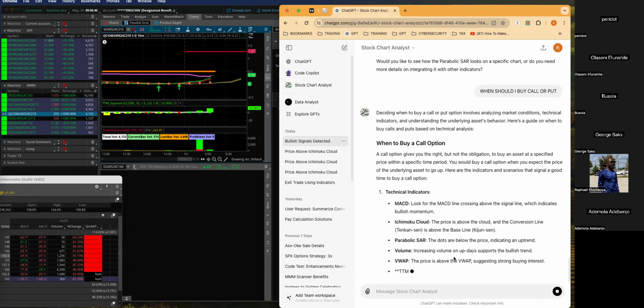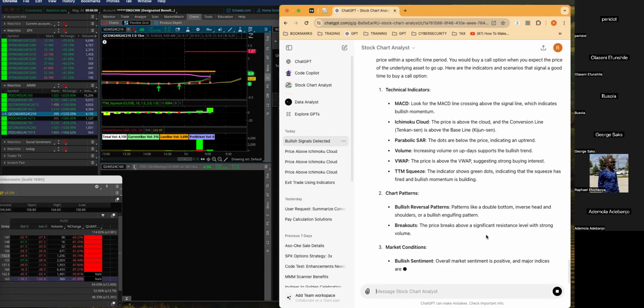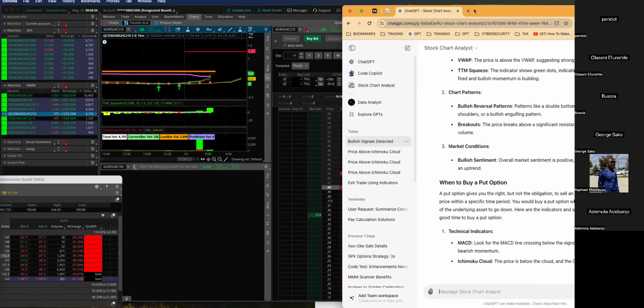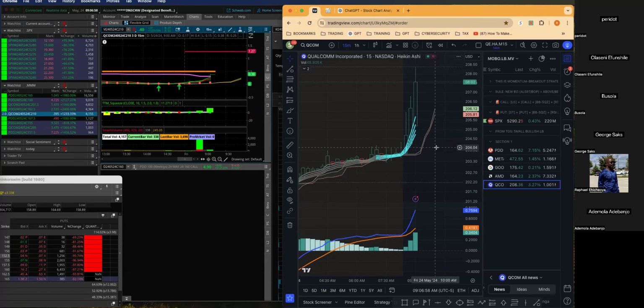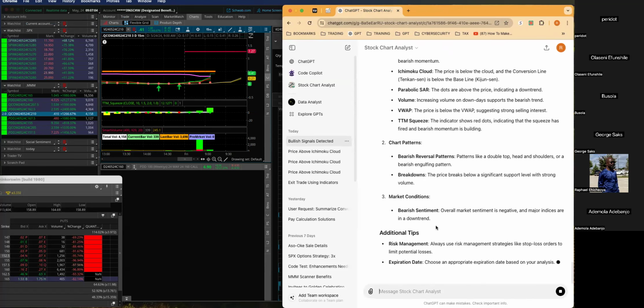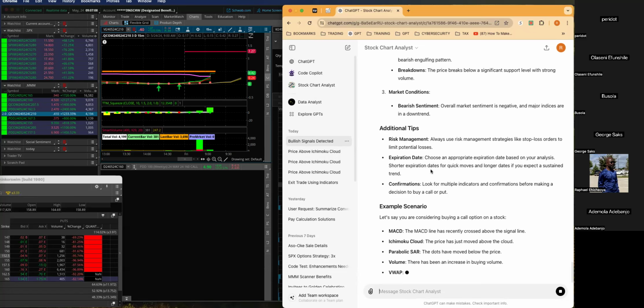So right here it is giving you this. You read it, you can watch it. This is when you buy calls or puts relative to these indicators. I don't want to go through all this reading. You can ask it and move on with your decision to make.